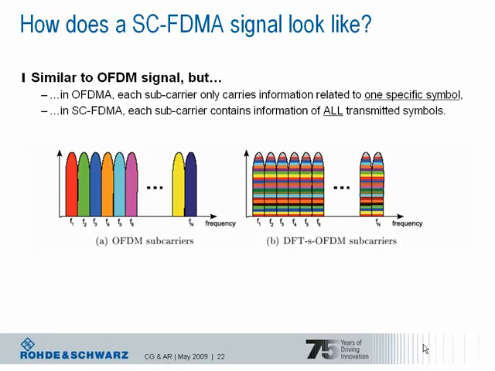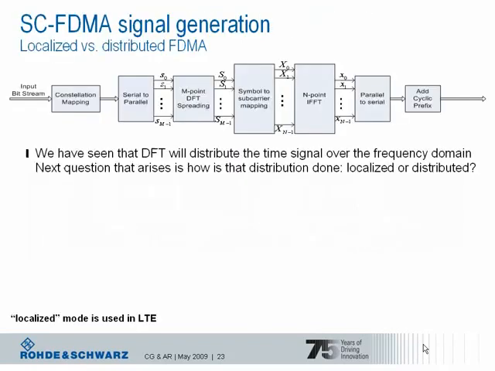You can see on the right hand side that each of the different subcarriers now carries a little bit of red, green, blue, orange, and so on. By performing a DFT precoding, we shift around the problem of high amplitudes due to subcarriers in phase.